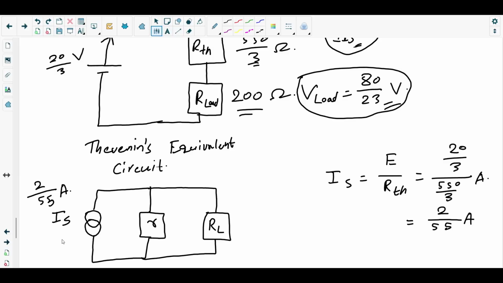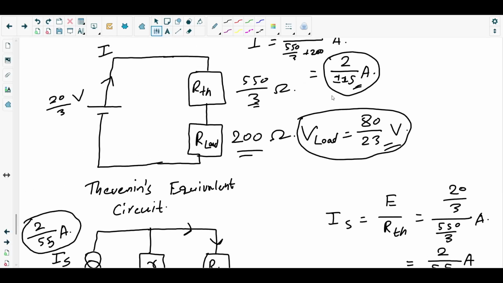That means the PD here will be 80 over 23 volts because it's not changing. This is the PD across the load resistor. So how much current will the load resistor get? Because the current you got there is greater than the current through the load resistor.